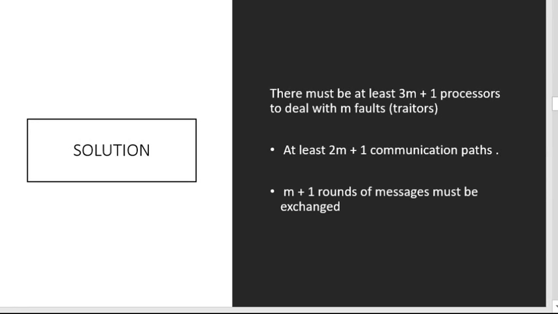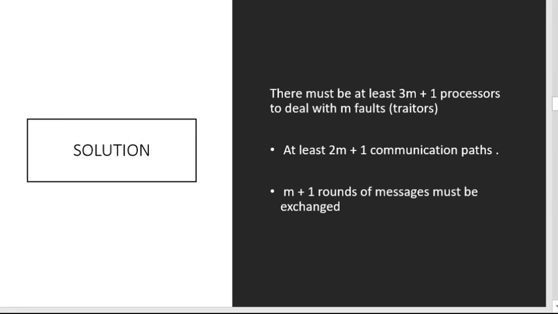In order to find out who is loyal or who is a traitor, they must exchange messages in the group. In order to exchange the messages, there must be at least 2M+1 communication paths. Until you have 2M+1 communication paths, it becomes very difficult to find out how many faults are there in the group. M+1 rounds of messages must be exchanged.